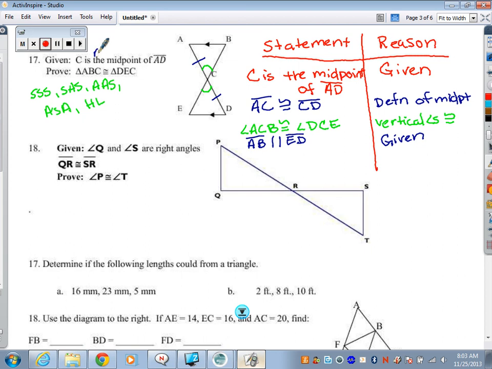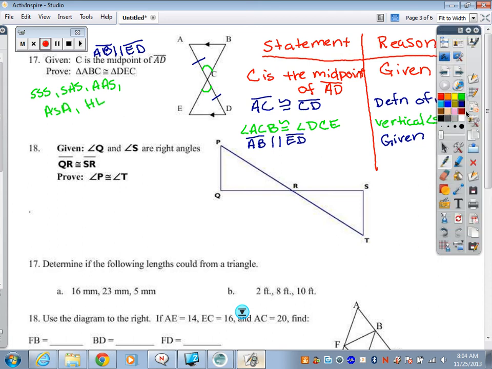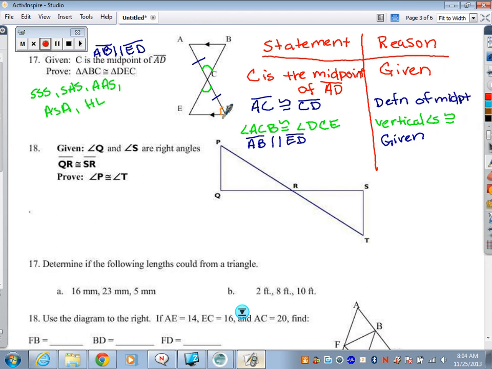It should be in our given. So AB is parallel to ED. Now, we can use all of our properties from our parallel lines and their angles. We know that angle D is congruent to angle A.